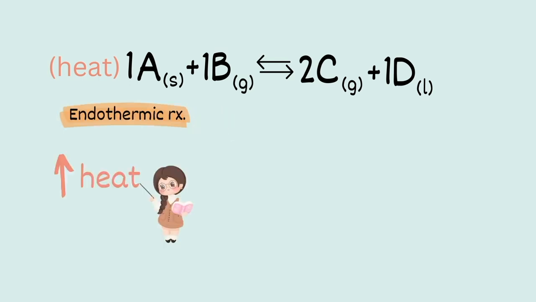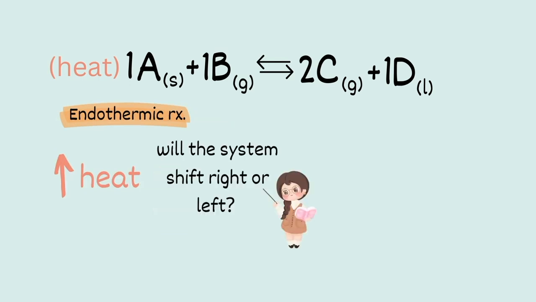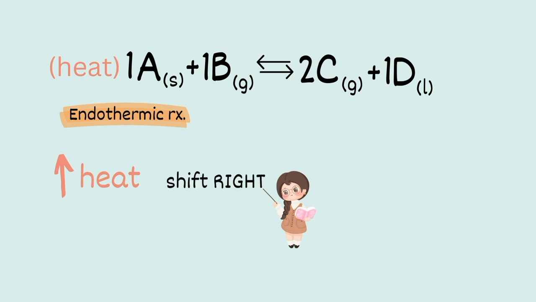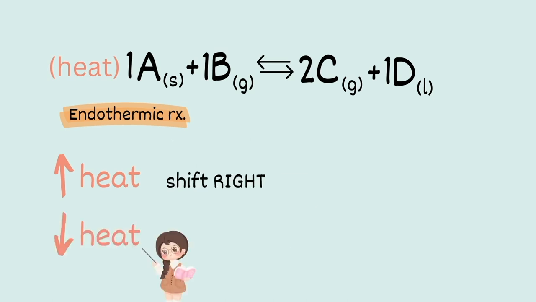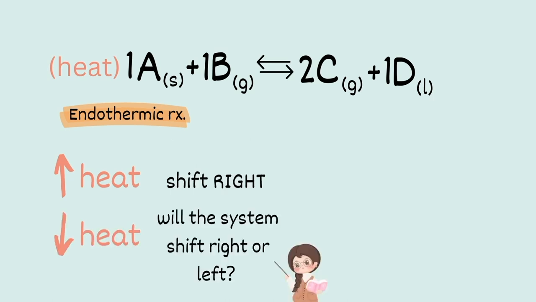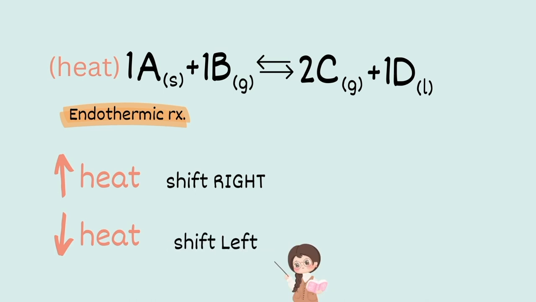If we increase the heat of this endothermic reaction, will the system shift to the right or the left? It will shift to the right. And if we decrease the heat of this endothermic reaction, will it shift to the left or the right? It will shift to the left.